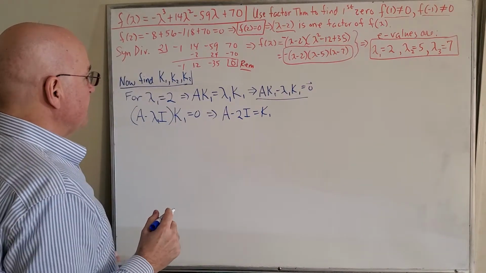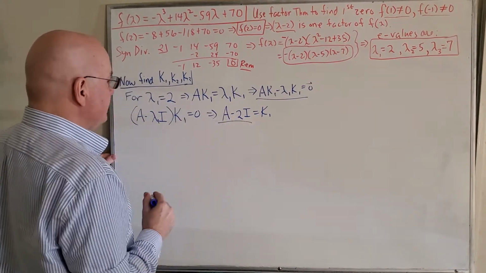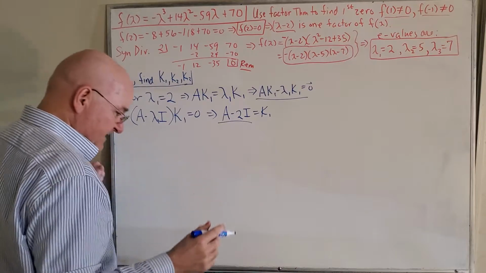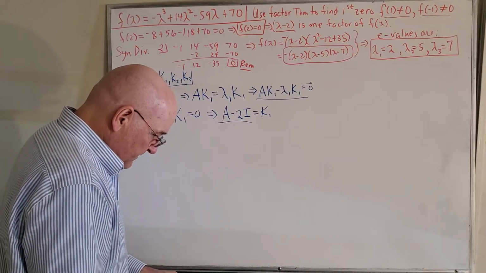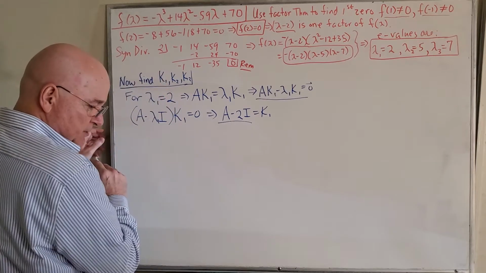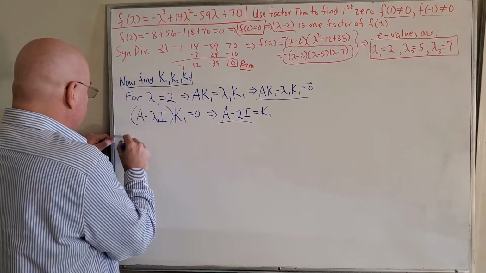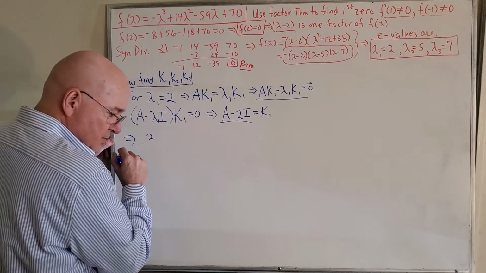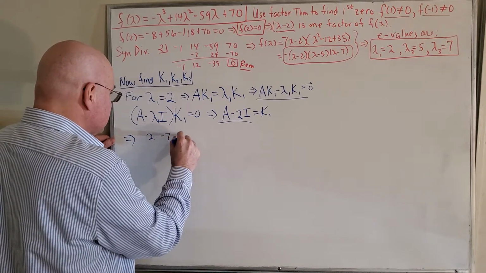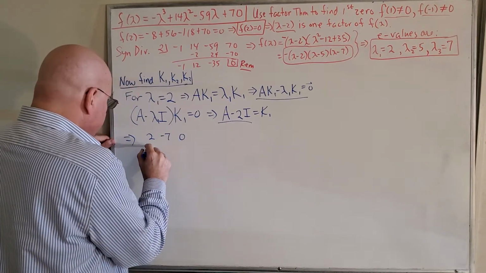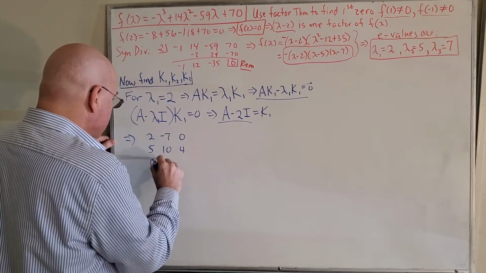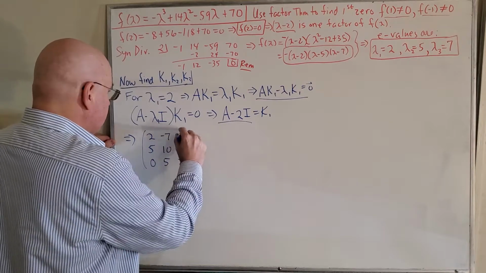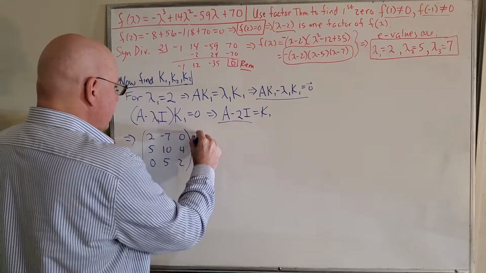All right, let's figure this out. What is A minus 2I? Well, I'll go ahead and write it down. What was matrix A? The matrix A was 2, -7, 0, 5, 10, 4, 0, 5, 2, minus lambda I. Well, that's easy.